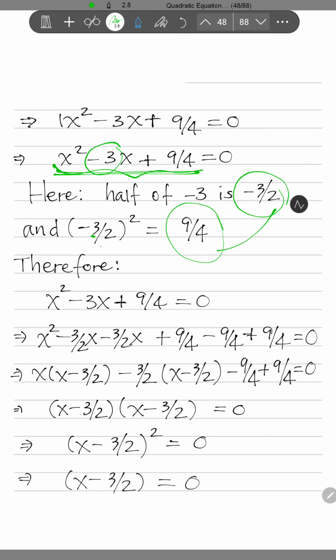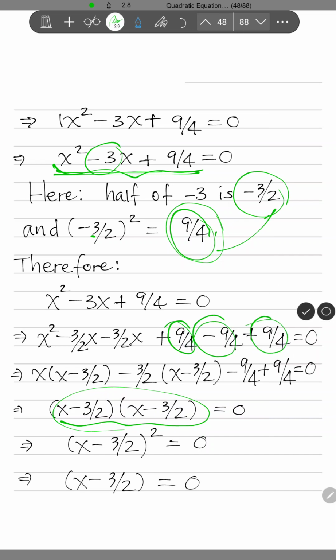The next thing is x minus 3 over 2 the whole square. This one, we square it, right? And we got 9 over 4. We need to add 9 over 4 and subtract 9 over 4 at the same time. Here we add, here we subtract. This 9 over 4 is originally there.